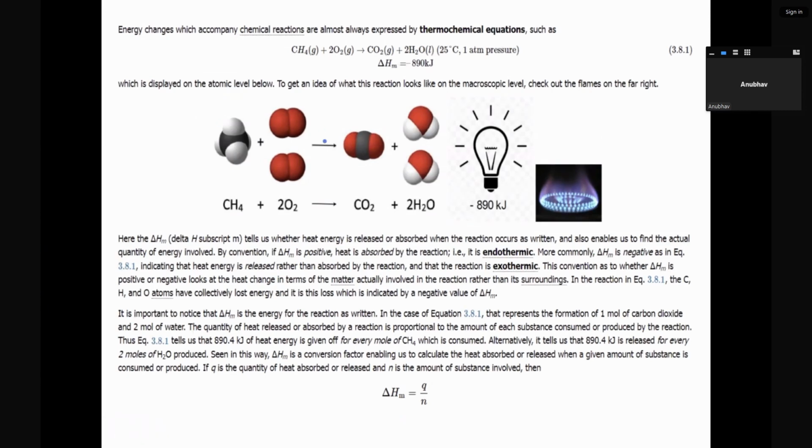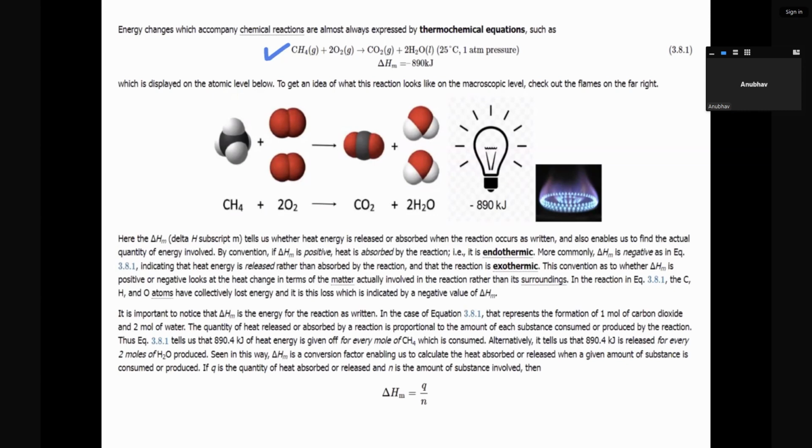You can see CH4 plus 2O2, that is methane in its gaseous form, reacts with oxygen in its gaseous form to generate CO2 and H2O, carbon dioxide and water, at 25 degrees Celsius and 1 atmospheric pressure. Delta H is minus 890 kilojoule.